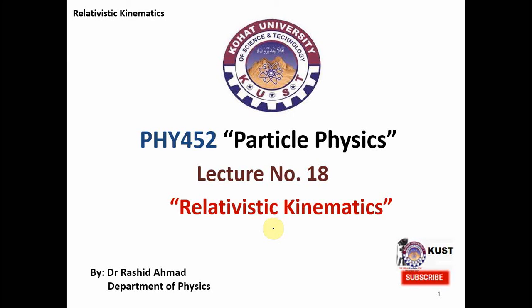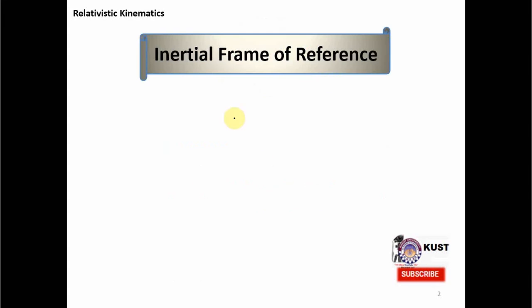This new notation is important for particle physics because when we deal with the kinematics of different particles, it will be easier to use the 4 vector notation as compared to the usual notation. So, let us start with the special theory of relativity.